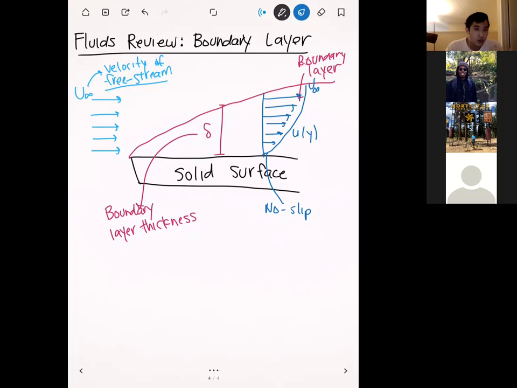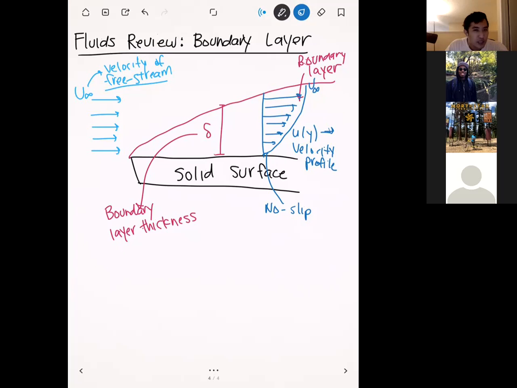Everywhere in between, we call that the velocity profile. All right, so that's intuitively what the boundary layer is.